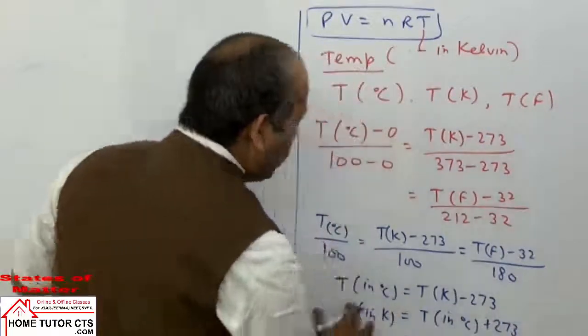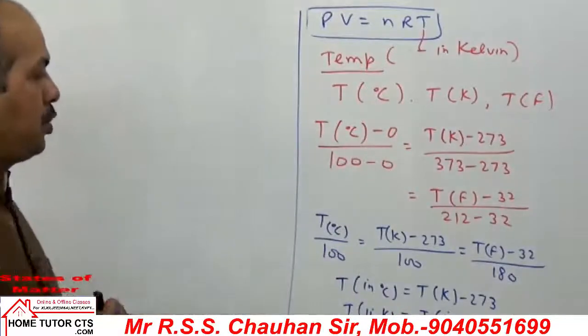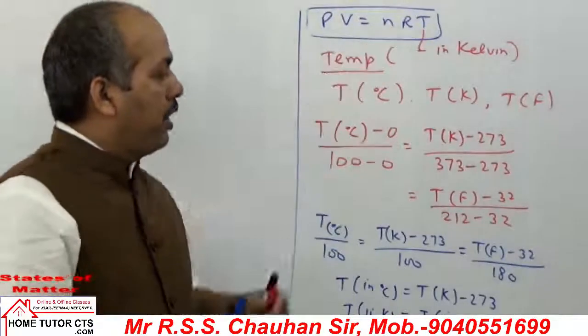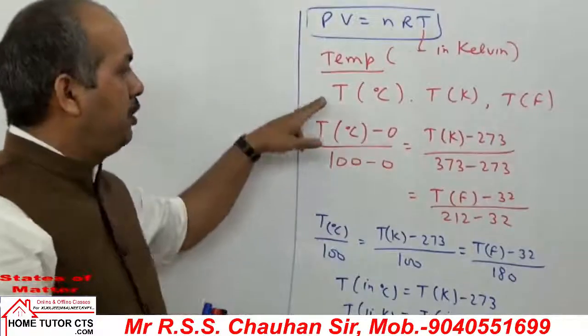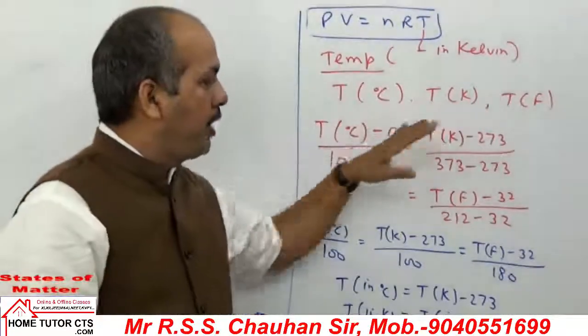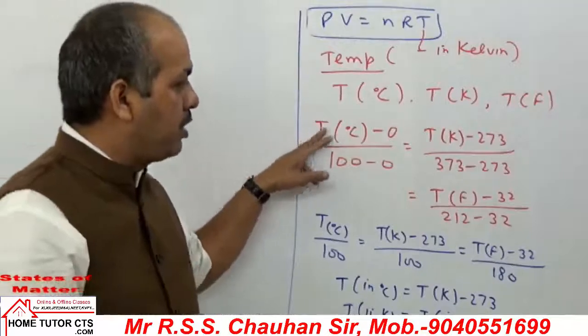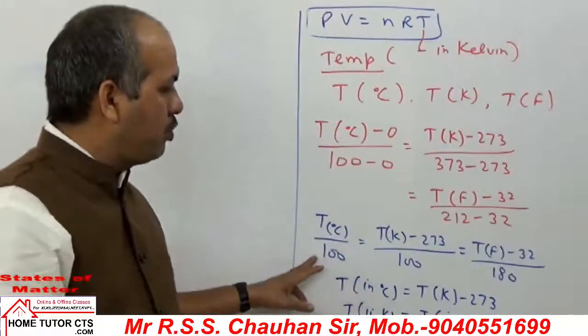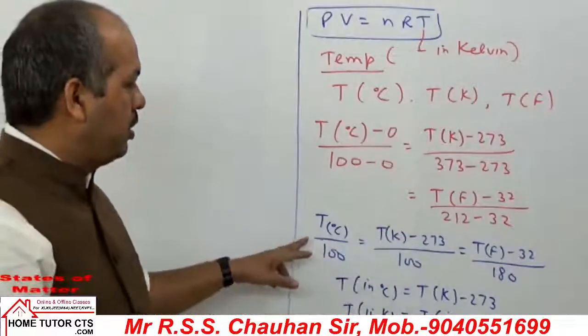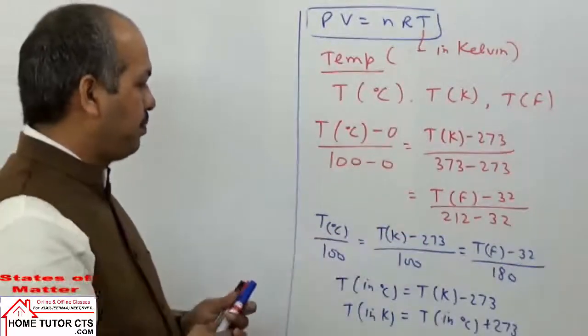That is the relation of temperature in Kelvin and Celsius. So in solving or applying this relation, we will take temperature in Kelvin scale. If we are given Celsius or Kelvin or Fahrenheit, we can relate the temperature in 3 scales this way. These are the commonly used equations.